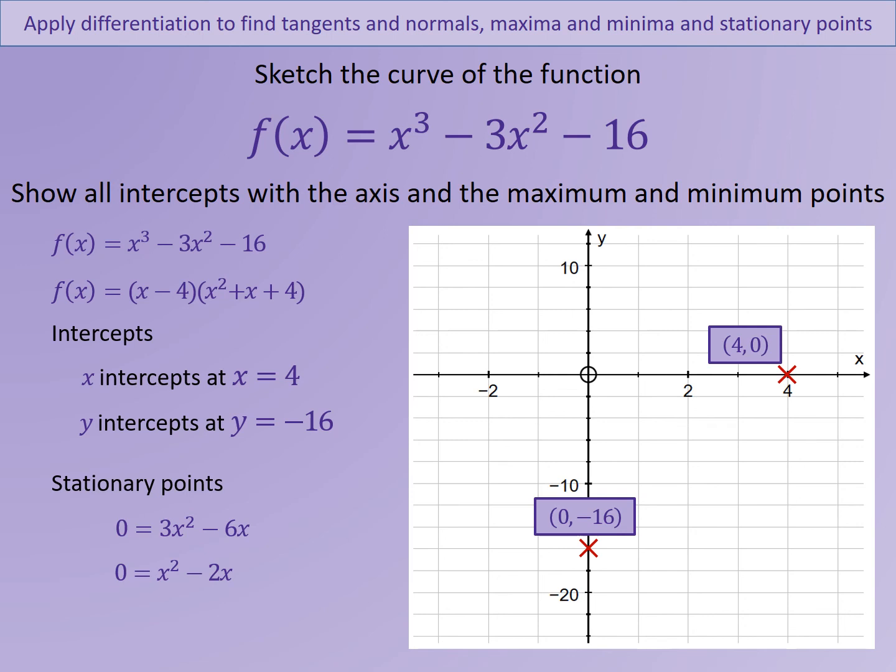And now I would be taking x out as a common factor. It's one of the easier quadratics to factorize because there's no number on the end. So I'm taking x out as a common factor, and that would give me this factorized version here. And that then allows me to say that the stationary points are going to be when x is 0 and when x is 2.